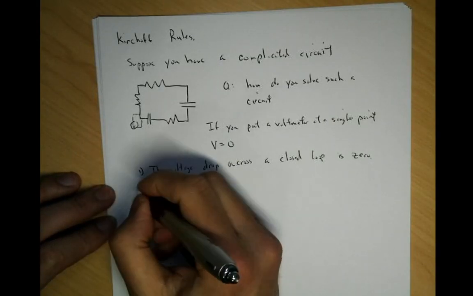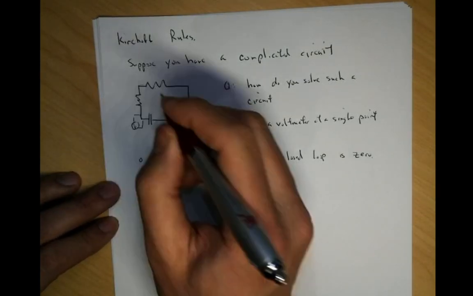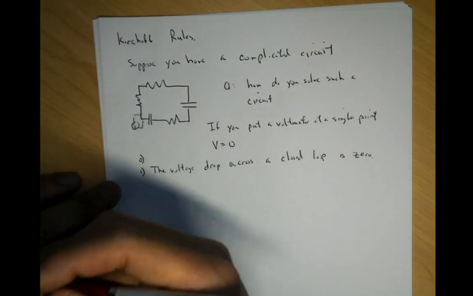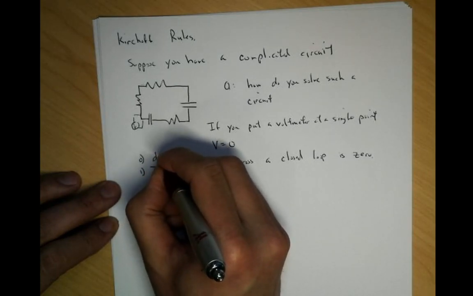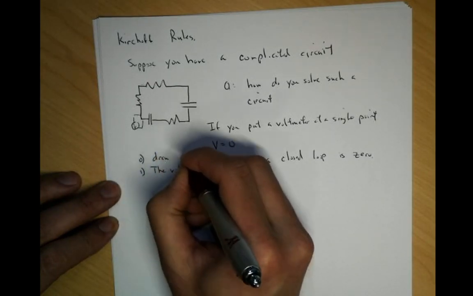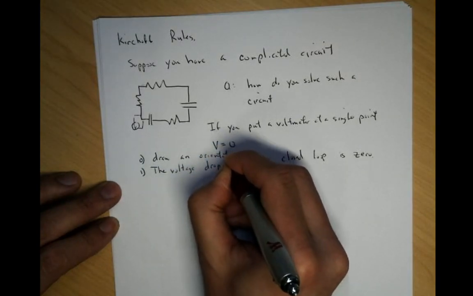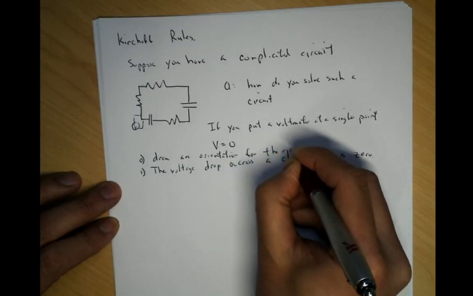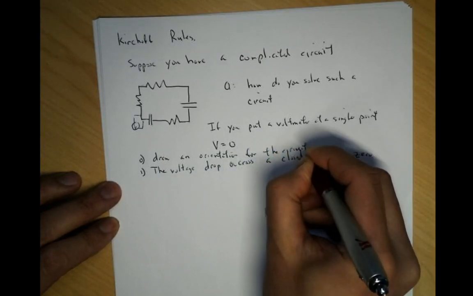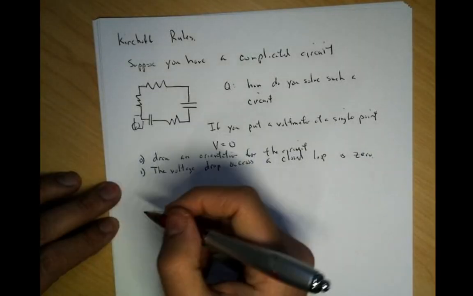Part of it is that I decided to pick some direction. So the zeroth rule is you want to draw an orientation for the circuit. Pick directions by which stuff will flow.